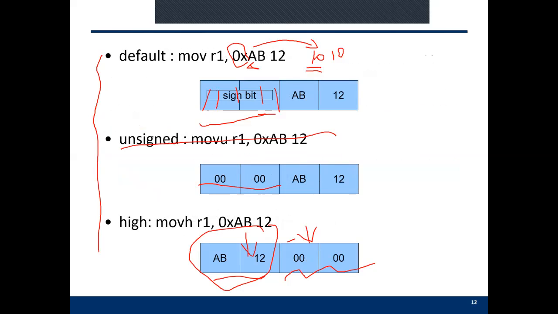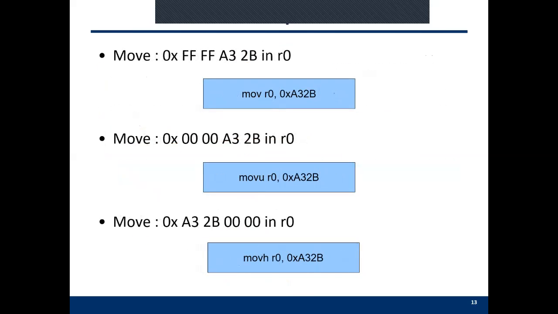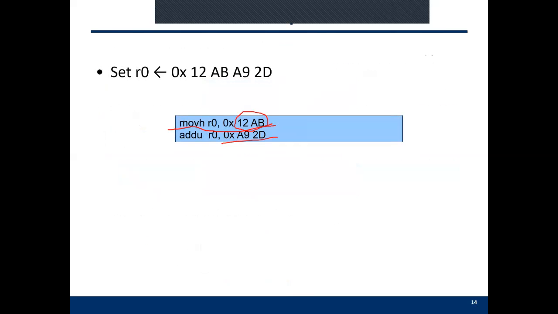In this case, the operand of the addition will occupy this part. So this is how you set this number into this register: you first do a move H instruction and then do an addition.